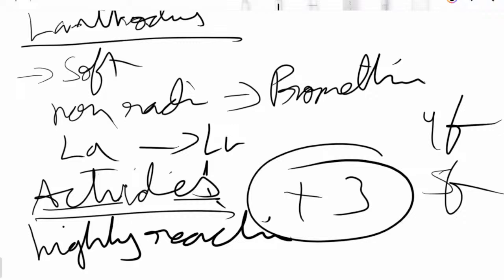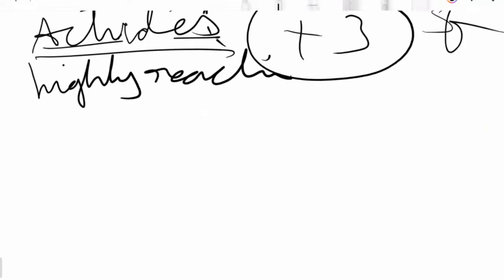We can easily understand the paramagnetic properties of lanthanoids, but not of actinoids. Usually the F-block is hard to understand, but compared to actinoids, lanthanoids are easier. Also, lanthanoids are non-radioactive, but actinoids are radioactive. So these are a few differences.